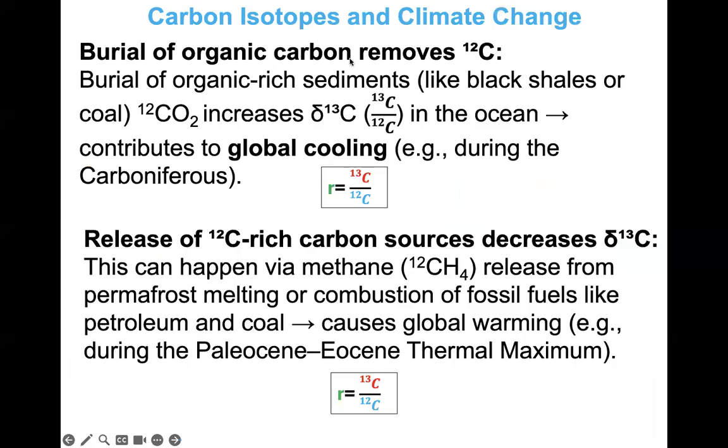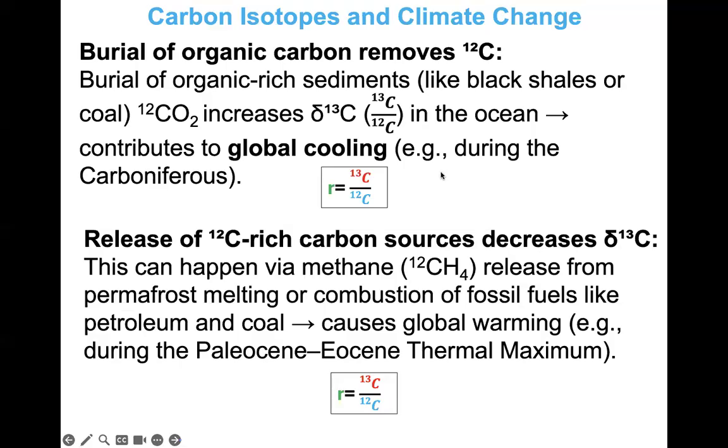So when the organic matter is removed, so let's say, for example, black shell or coal is buried, they will be rich in C12, which means when you have high C12 right here, the ratio will become lower. So this ratio that is lower in the ocean, I mean, in these plants means that, let me write this down here.